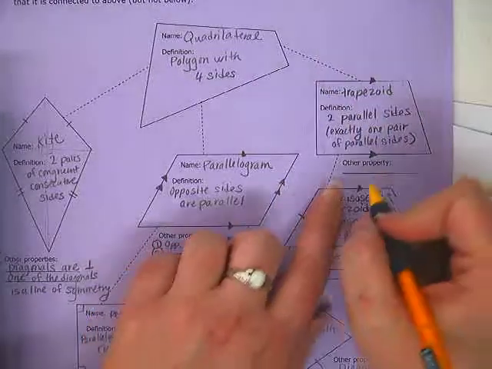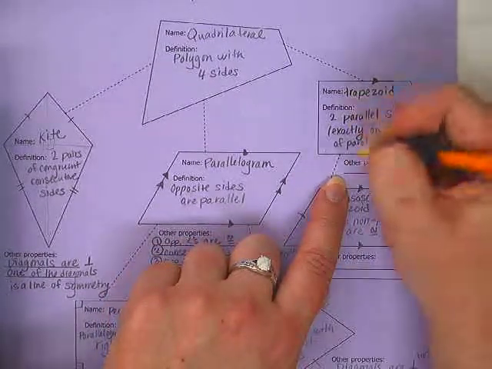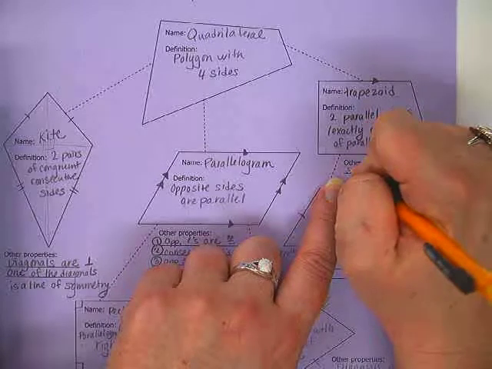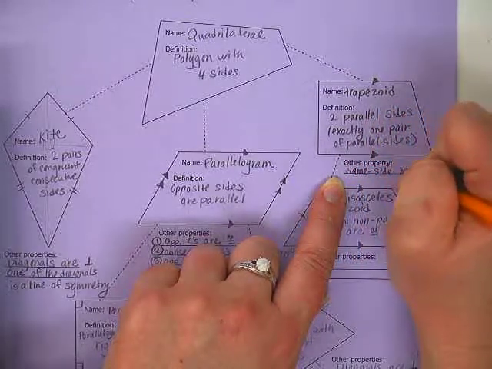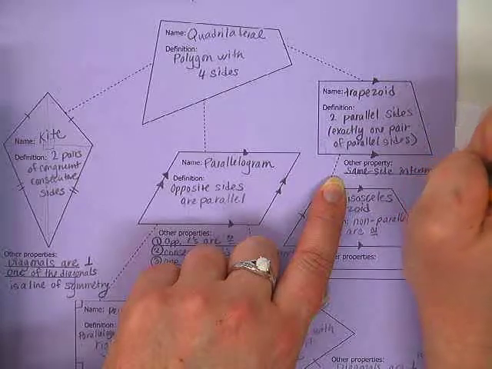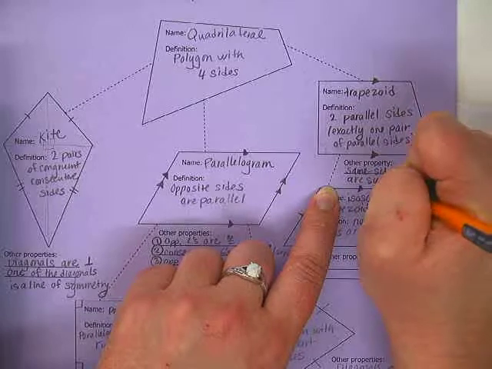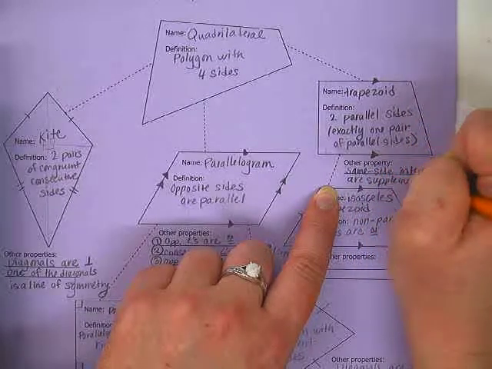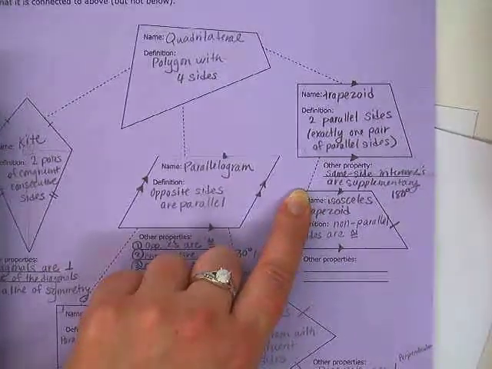Okay? I might actually put numbers in them in a minute, but I'm just going to write down that property first. So the property that you need to make sure you remember is that the same side interior angles are supplementary. What does the word supplementary mean again? They add up to 180 degrees.